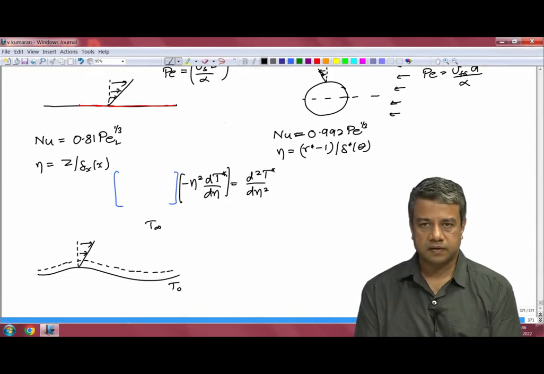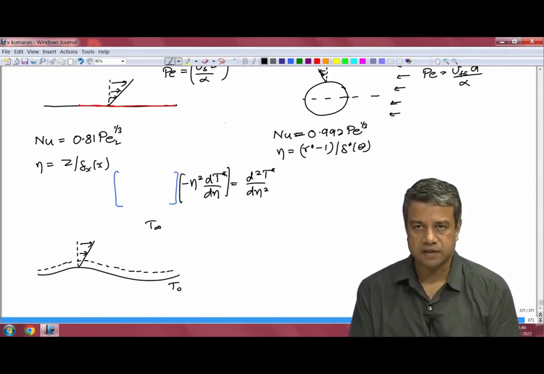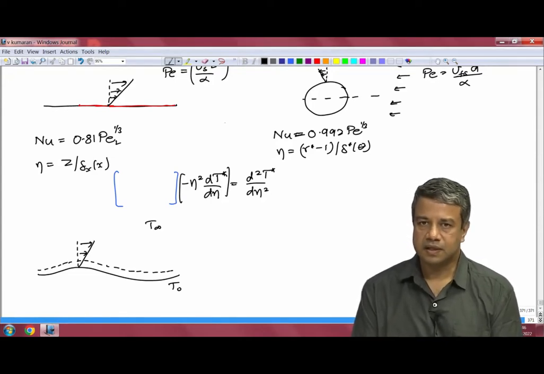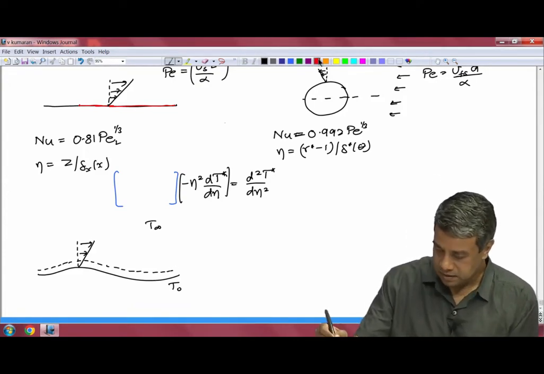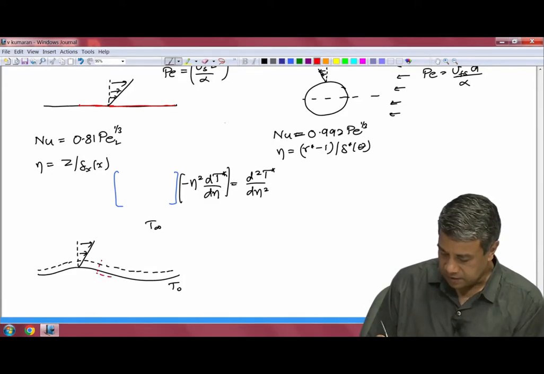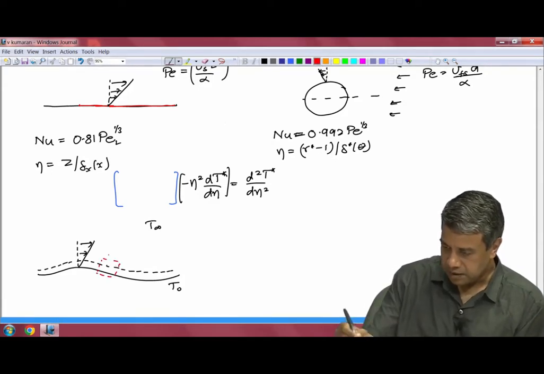If the thickness of the boundary layer is much smaller than the radius of curvature of the surface, then you can consider the surface to be locally flat, because we are interested only in a very thin region close to the surface.